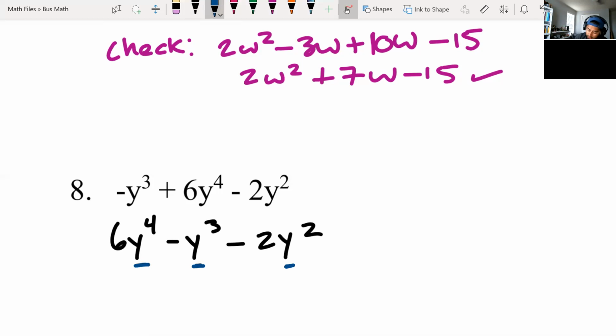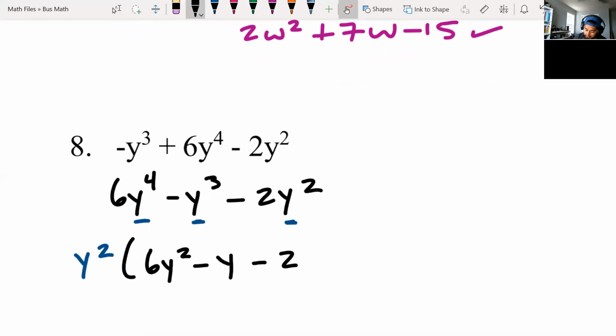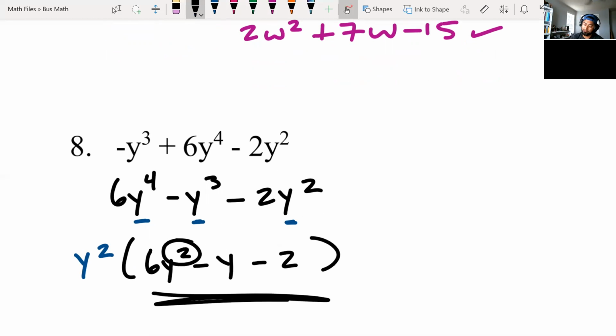Is there a greatest common factor here? Y squared. Take a y squared out. And this will leave you with 6y squared minus y minus 2. Which means the inside trinomial is in the perfect form because it's now raised to the power of 2.